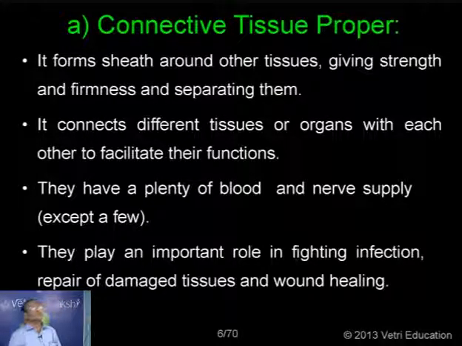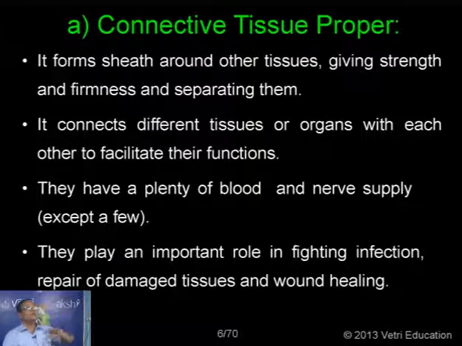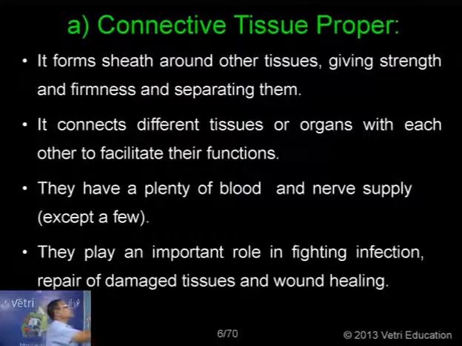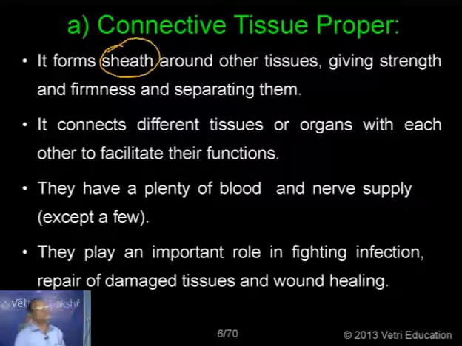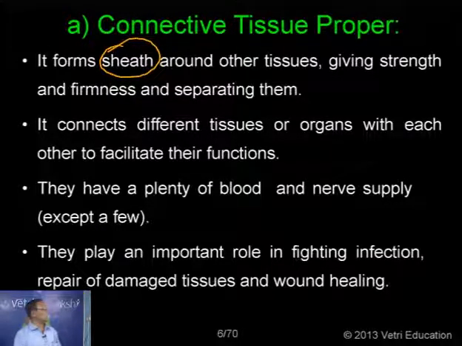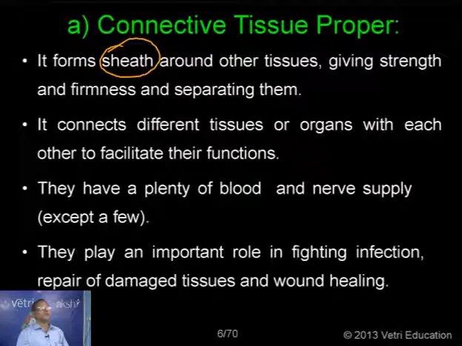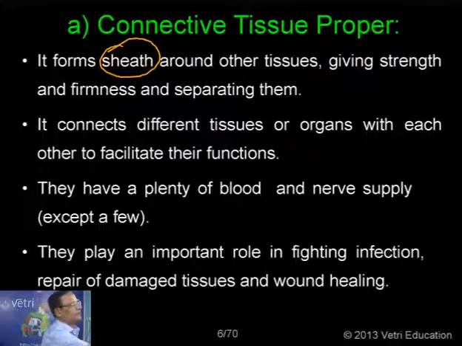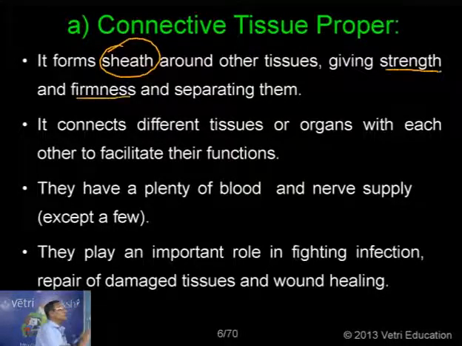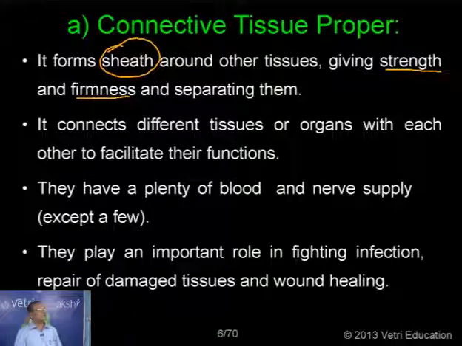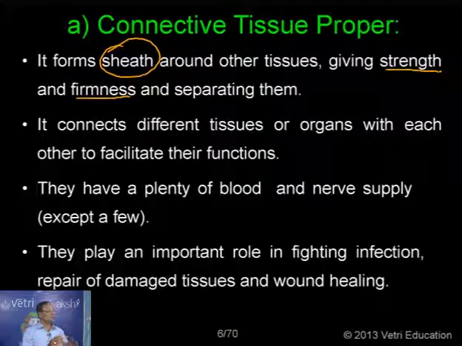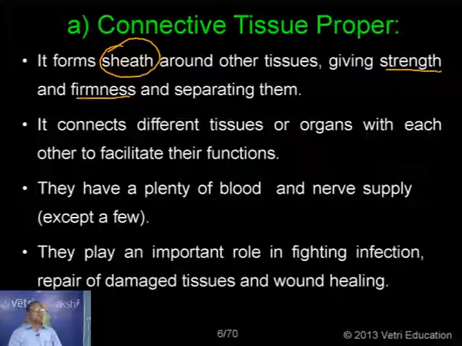So where is it found? It is normally found as a covering, a sheath around most of the tissues. Its main function is giving strength and firmness, and also separating the organs or the tissues. It is meant for connecting the different tissues or organs.